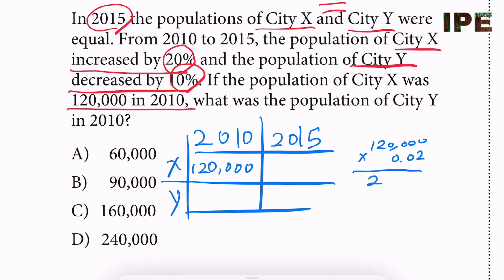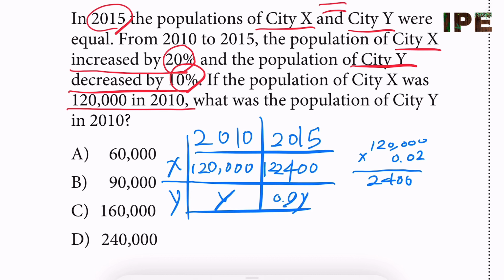That is 24,000. So 144,000 in 2015. I don't know how many people city Y had in 2010. That's our goal to find, so that is Y. And what percent decreased? 10% decreased, so still 90% is left in the city, 0.9Y.